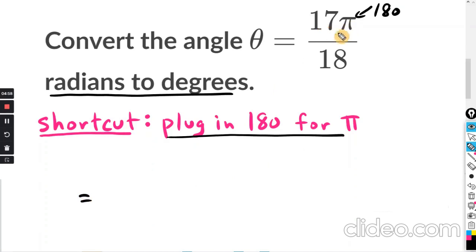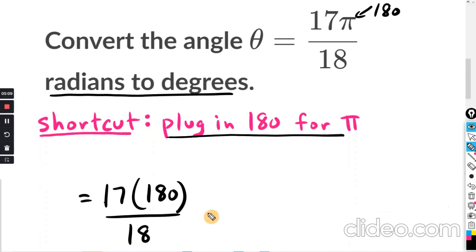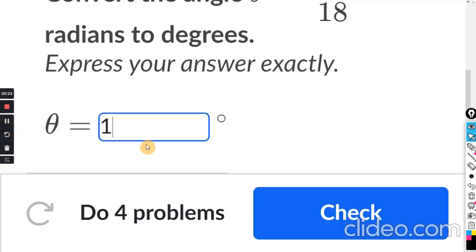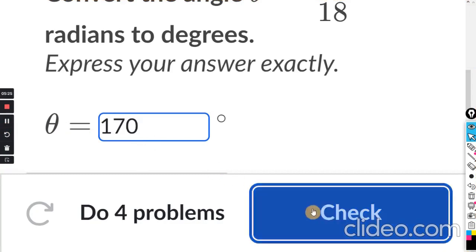So that's going to be 17 times 180 divided by 18. Okay, and that's the same thing we had before. We did this on the calculator a minute ago, and that was just 170. So same answer, if you want to use the shortcut. All right, 170 right in the box.